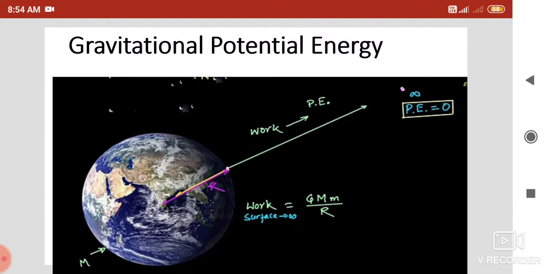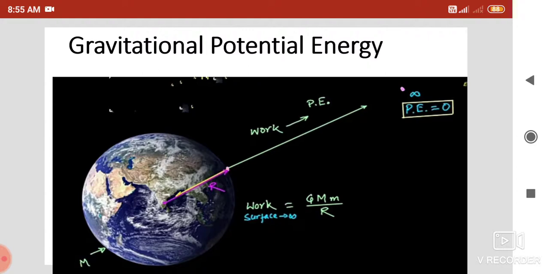This energy will be less than 0, because at that place the energy is 0, and below 0, according to notation, the energy will be negative. So the gravitational potential energy of the object will be negative, and it is minus GMm upon r, or whatever we have taken, r plus h.